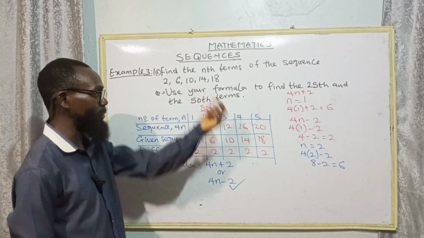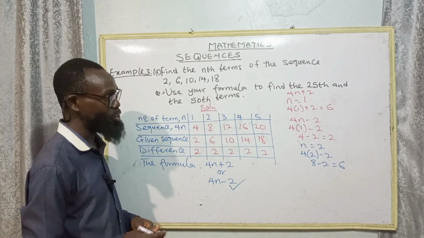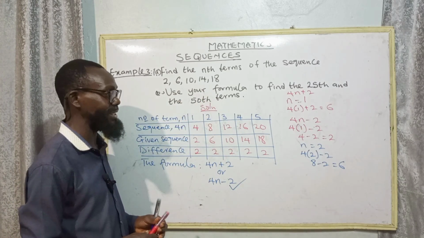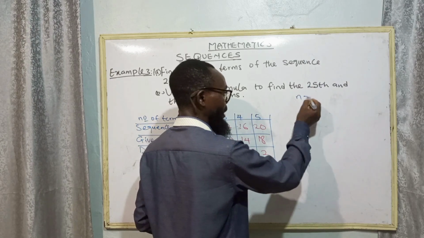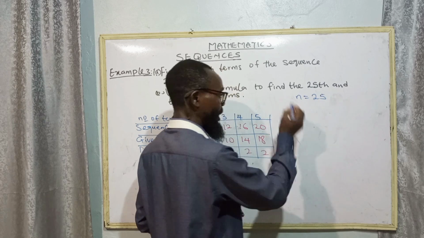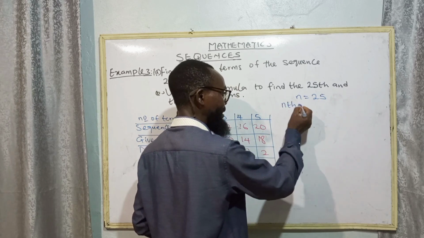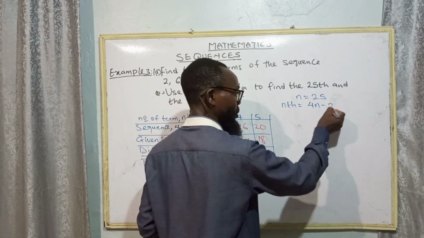Now, this nth term formula is what we are going to use in solving the second part: use your formula to find the 25th and the 50th term. To find the 25th term, when n equals 25, don't forget our nth term is 4n minus 2.